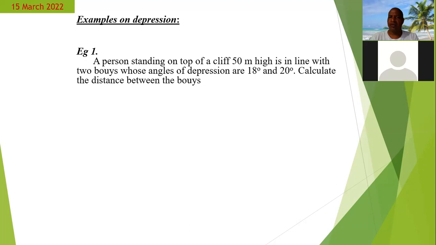That means there are two buoys in the water. And that means if we looked at each of them separately, you observe an angle of depression of 18 degrees for one buoy and an angle of 20 degrees for the other buoy.